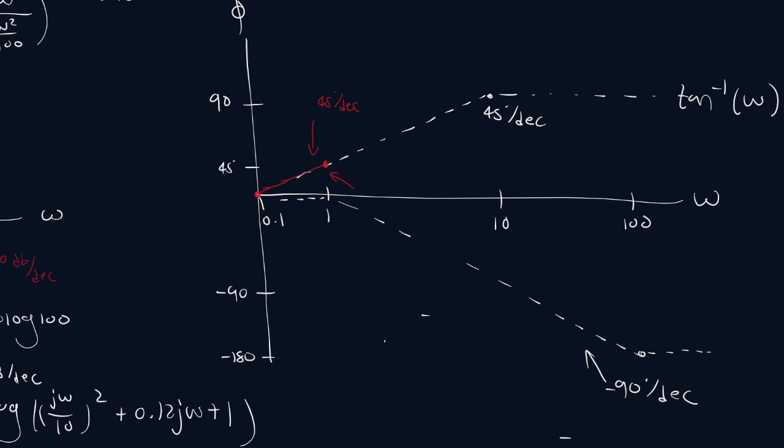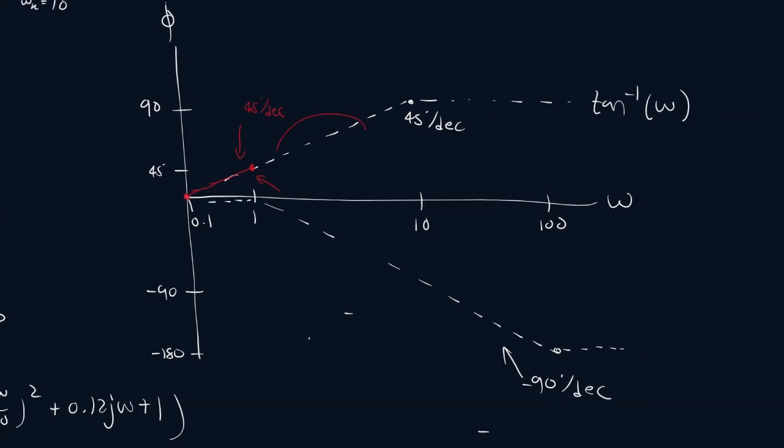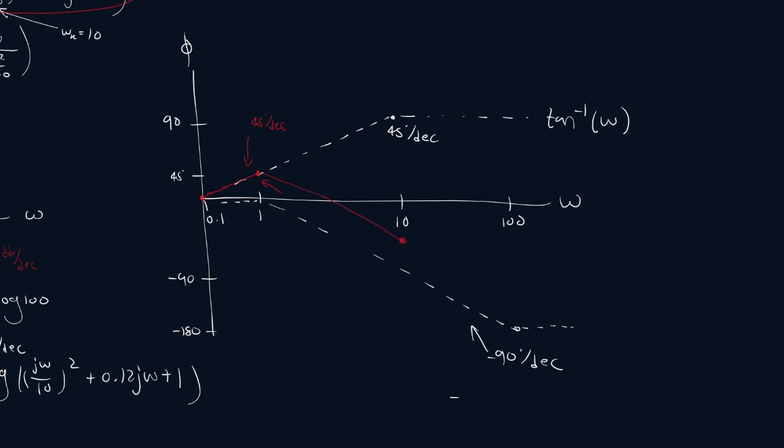Then after that, we have to take these two slopes into account. So 45 minus 90, that's minus 45. So we have something like this. And let's find where it should stop. So we know it's going to stop at 10, because at 10 the slope here becomes 0, so we only have to take this into account.